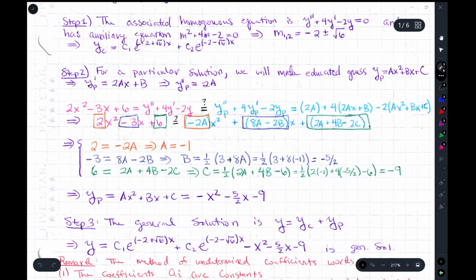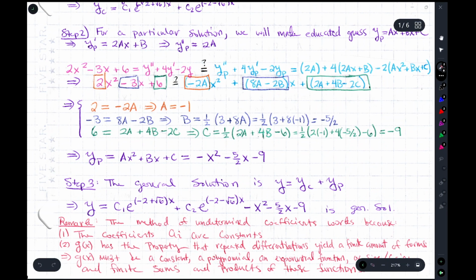Derivatives here also for polynomials will give you another polynomial, or for example exponentials or sines have a cyclical nature to them. Okay, and that's important because we want to somehow match the left-hand side and the right-hand side. So first remark, constant coefficients.